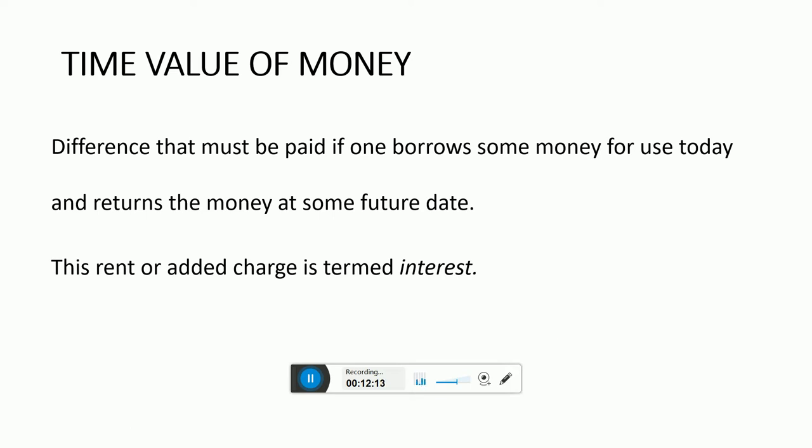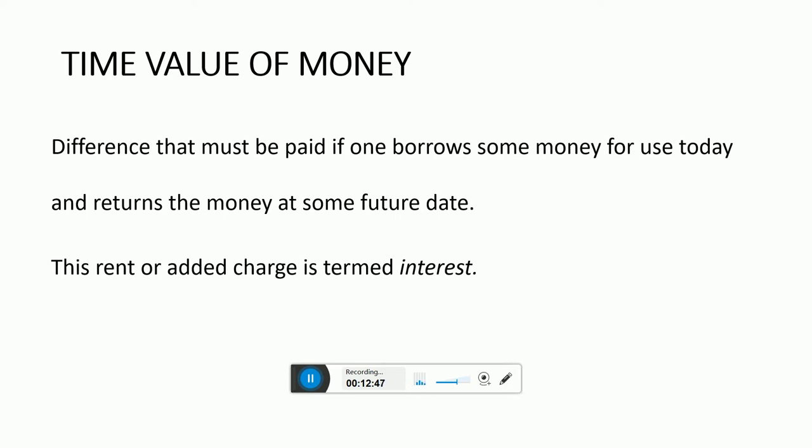Similarly, the time value of money is a very important concept in economics. It can be simply defined as the difference which must be paid if one borrows some money for use today and returns that money at some point in the future. For example, somebody borrows $100 or 100 rupees today.